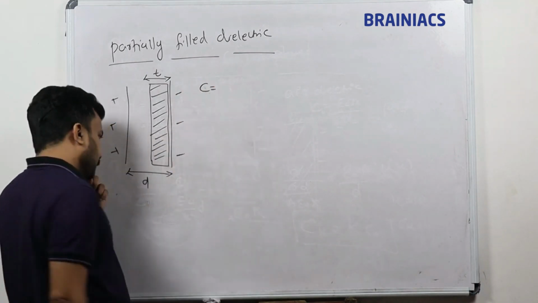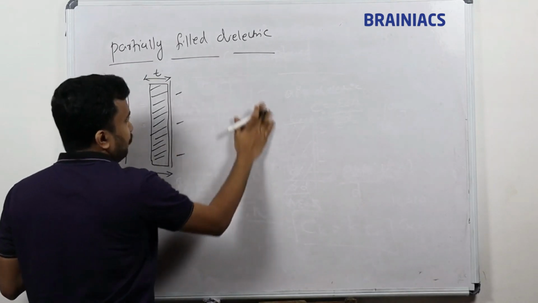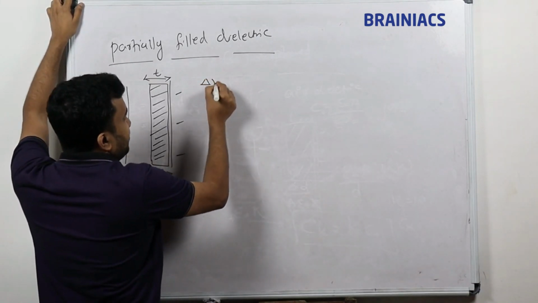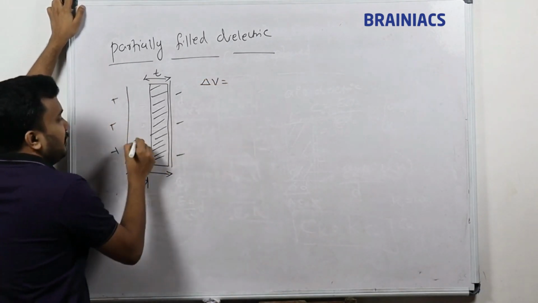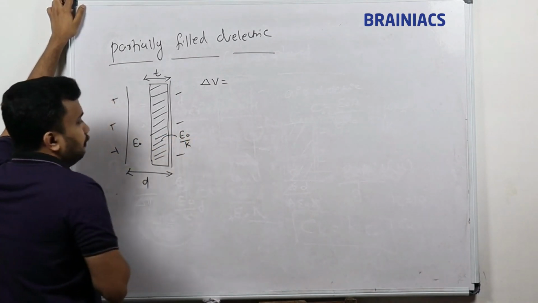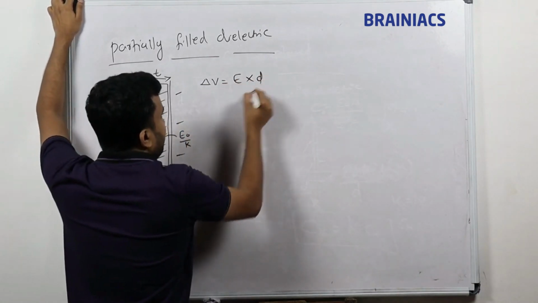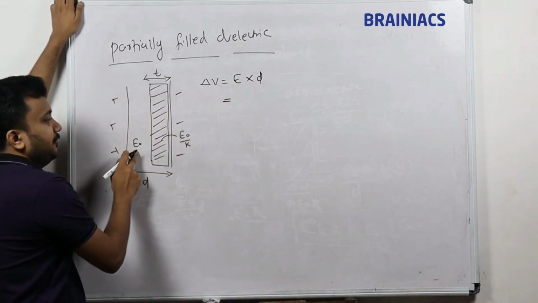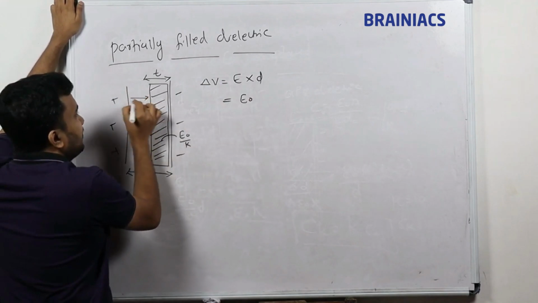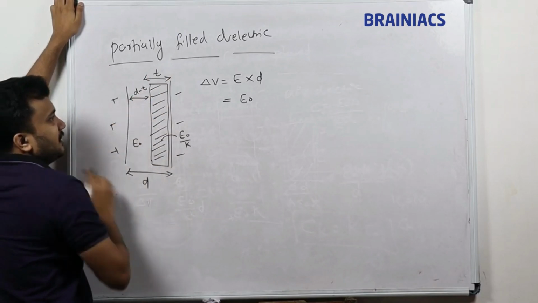First of all, we want to know the voltage, and from there we will start. The voltage difference delta V: here one electric field is E0, and in the dielectric it is E0 by K. The general equation is delta V is equal to E into d. Here there are two different electric fields. E0 spans a length of d minus t, since the total is d and the dielectric is t.